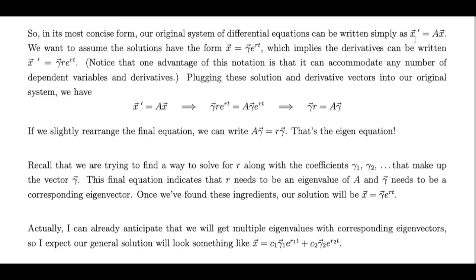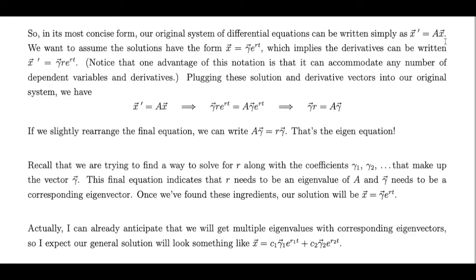So just as a reminder, my entire system can be written very concisely as x vector prime equals A times x vector. And I point out below that one major advantage of this notation is that it doesn't put any sort of restriction on the number of dependent variables. In the example we have been working with, this x vector holds x1 and x2.